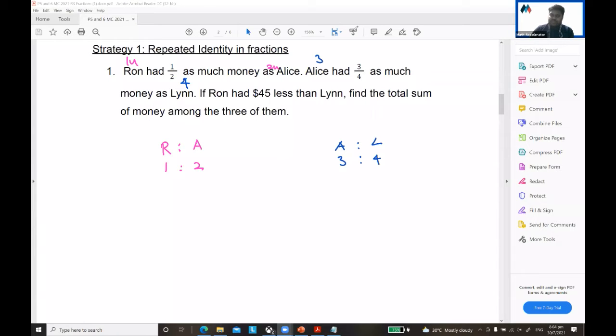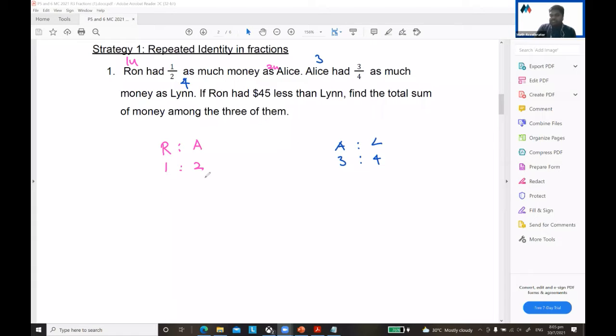Yeah, most of you know it's Alice. In this scenario, Alice is 2 units. In this scenario, Alice is 3 units. So Alice's money didn't change, so it has to be the same. How are you going to make 2 units and 3 units the same?